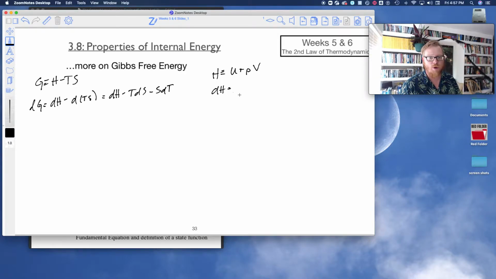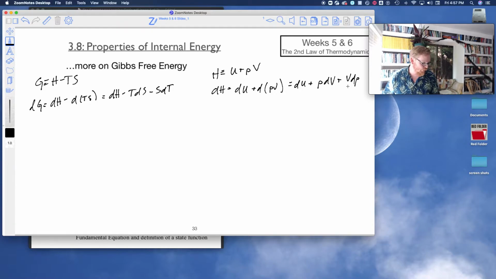And we'll keep going here where we're not concerning ourselves with what we're holding constant yet. I'm going to do this generally, okay? So dH equals dU plus PdV plus VdP. So we're doing the full treatment here, okay?